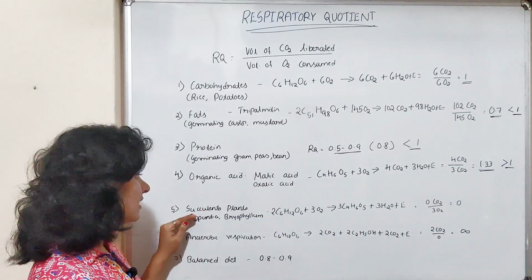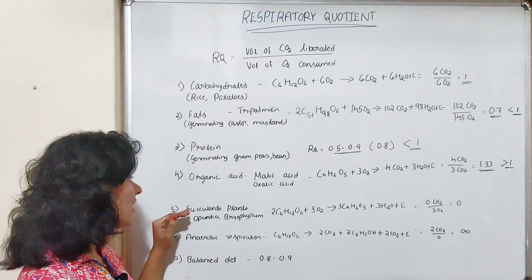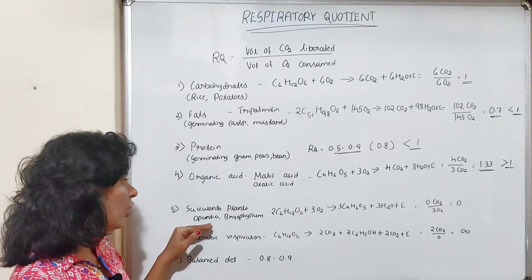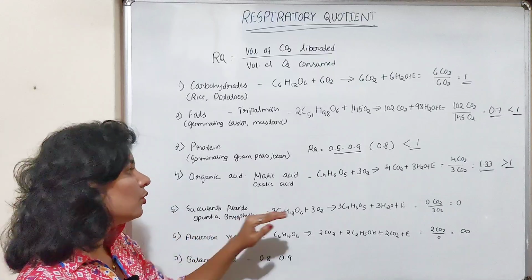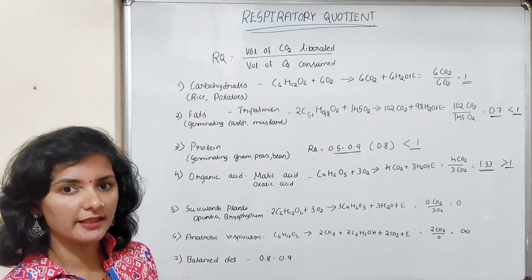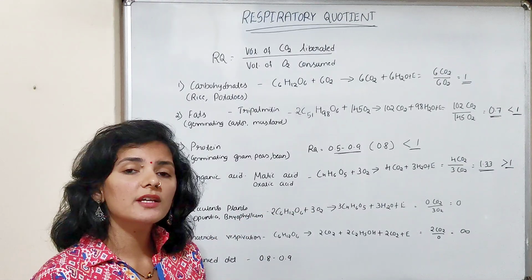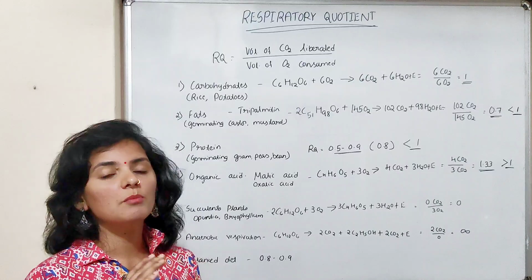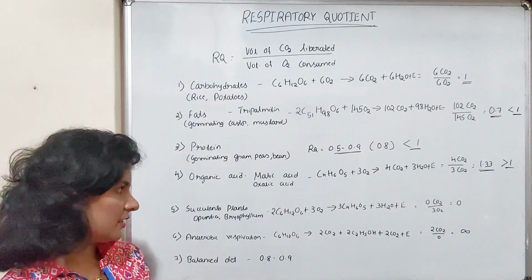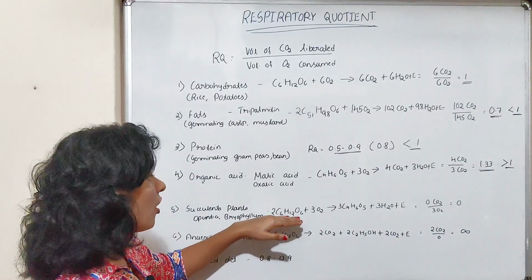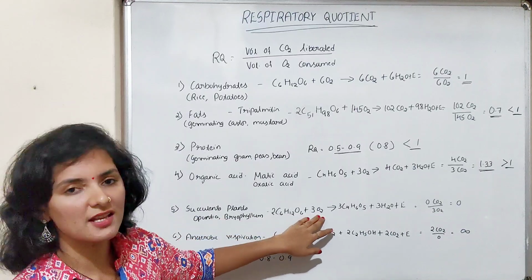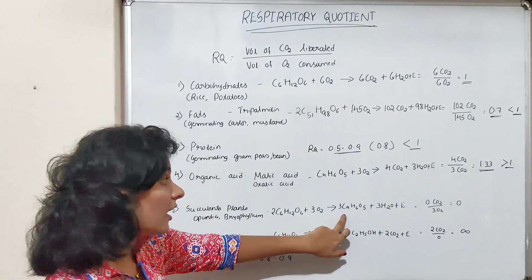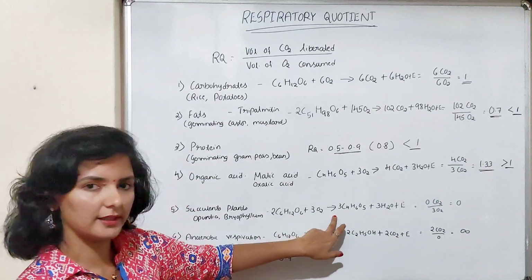Next one is a certain special type of plants like succulent plants, for example Opuntia, Bryophyllum, etc. In this case, no carbon dioxide is liberated. During aerobic respiration, they consume oxygen, but no carbon dioxide is liberated. If you consider the oxidation of glucose in these succulent plants, 3 oxygen is consumed during the reaction, but carbon dioxide is not at all liberated.